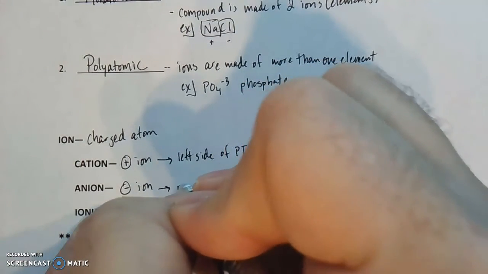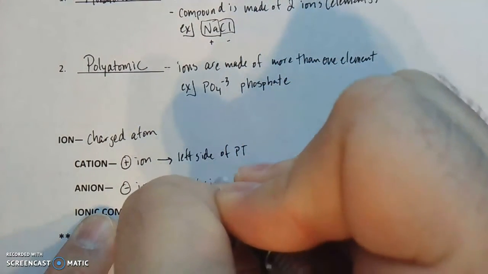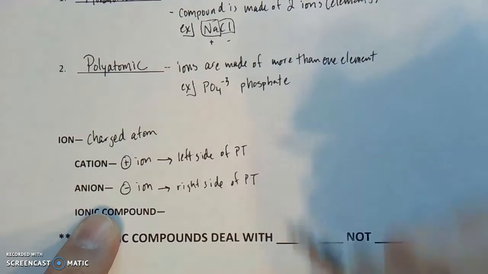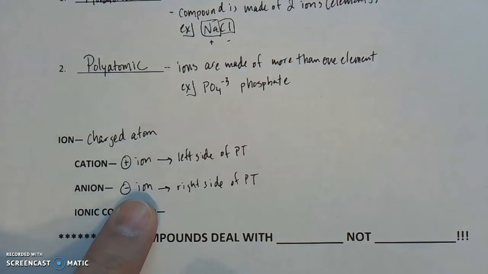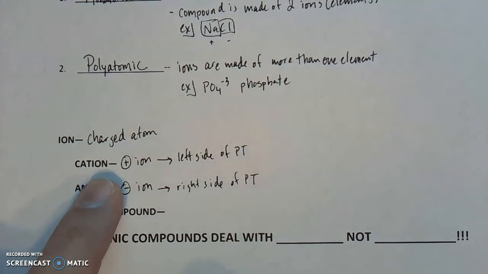Anions, the right side. So we have metals and then nonmetals. Remember that positive cations are basically groups 1 through 13. So we do have a lot of cations possible. Anions are not as many.